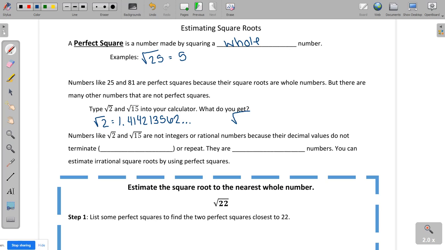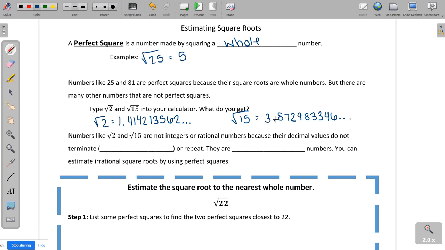And let's try it with the square root of 15. We would get 3.8729833346, and again, it's continuing on. So these square roots here, these values are not whole numbers.